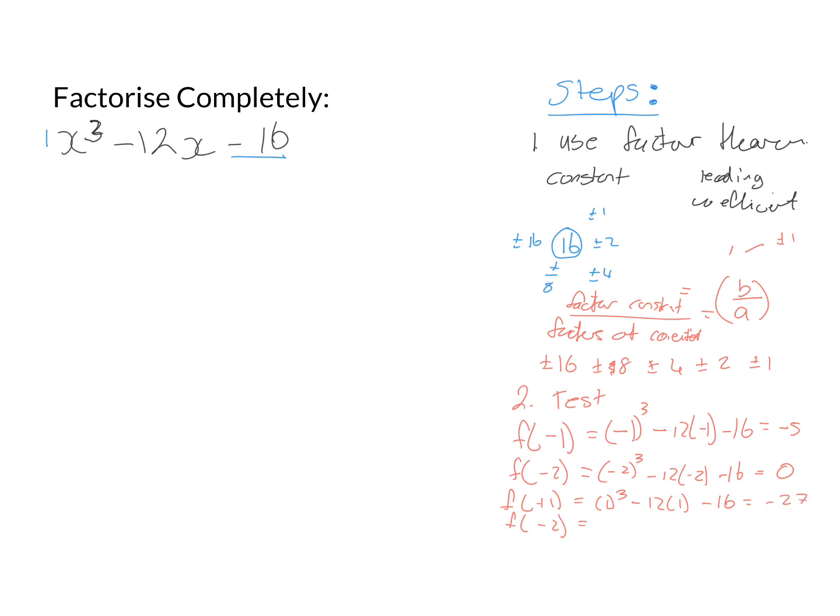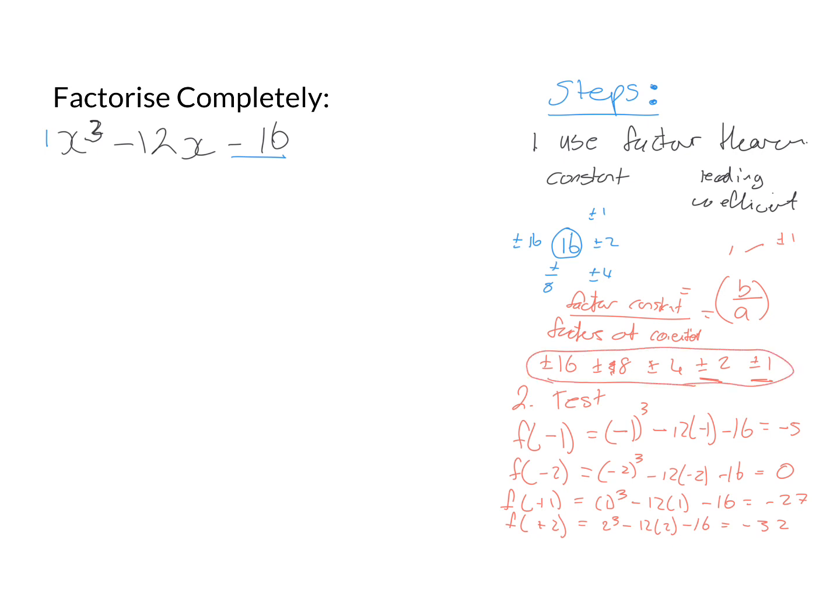And the negative 2, that should be a positive 2, gives me 2 cubed minus 12 times 2 minus 16, which is then negative 32. So I've tested those, but I could have tested any combination of those.